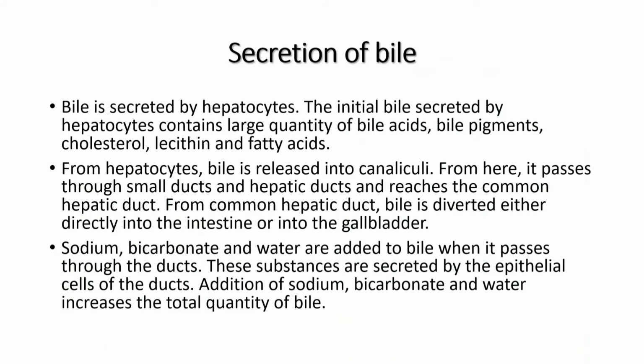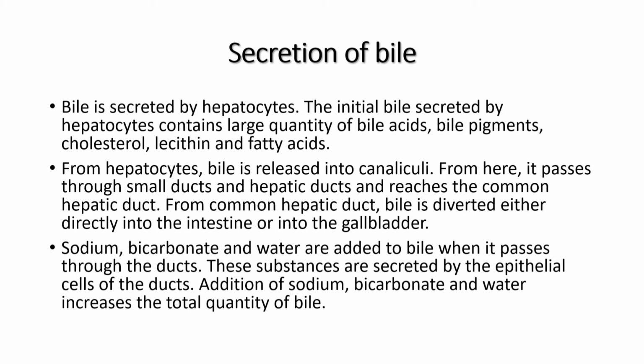Secretion of bile. Bile is secreted by hepatocytes. The initial bile secreted by hepatocytes contains a large quantity of bile acids, bile pigments, cholesterol, lecithin and fatty acids. From hepatocytes, bile is released into canaliculi. From here, it passes through small ducts and hepatic ducts and reaches the common hepatic duct.